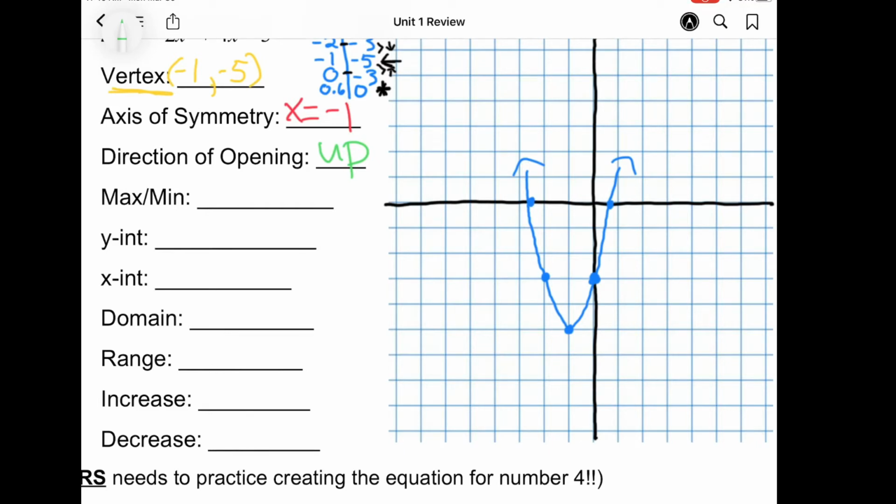Our max and min, can we pinpoint our highest point? Can we say, oh, there's a specific point that is the highest point? No, because these graphs keep going forever and ever and ever up. So there is no specific high point that we can identify.